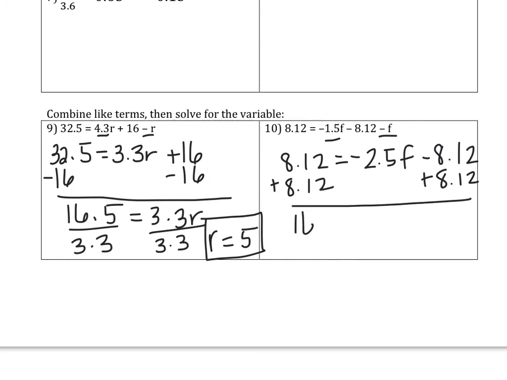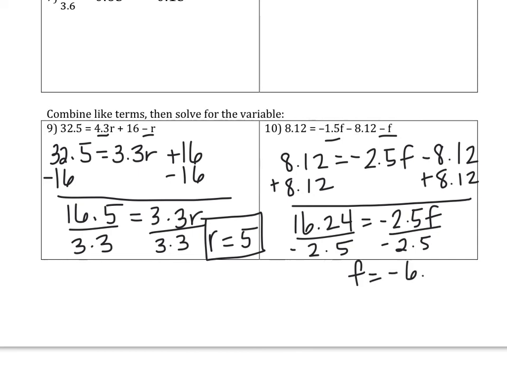That's 16.24 equals negative 2.5f. Divide both sides by negative 2.5. So we know our answer is going to be negative because you're dividing a positive by a negative number. So the answer is f equals negative 6.496.